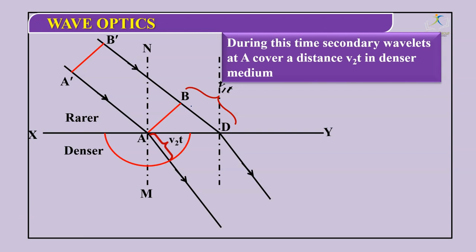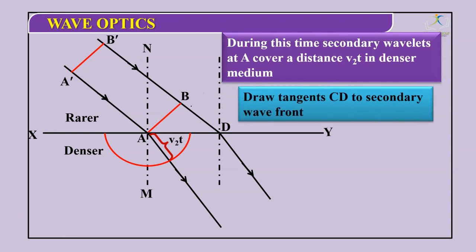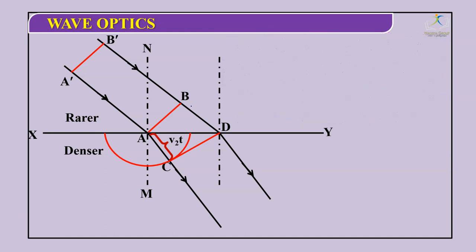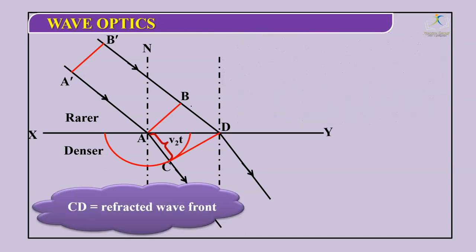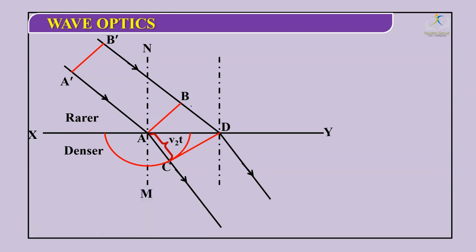During this time, the secondary wavelet covers a distance V2t in the denser medium. Draw tangent CD to the secondary wavefront, and CD is the refracted wavefront.